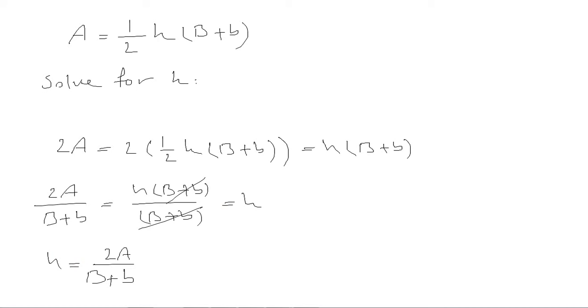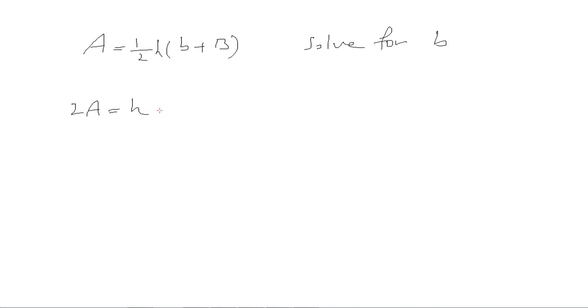Let's use the same formula, but this time we're going to solve for lowercase b. So a is 1 over 2 h times (B plus b), and this time we want to solve for lowercase b. Okay, the beginning is the same. I need to multiply both sides by 2. I get 2a equals h times (B plus b).